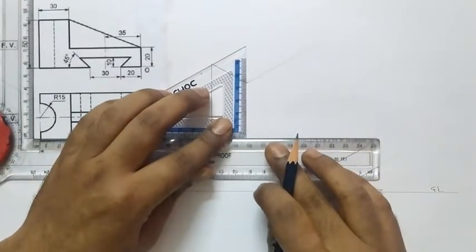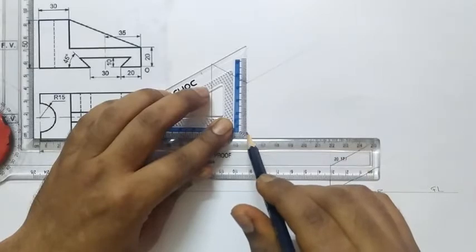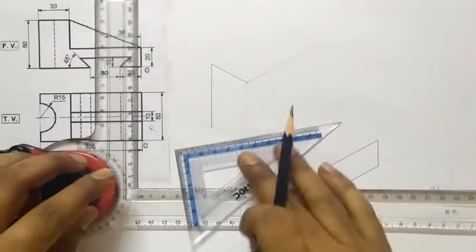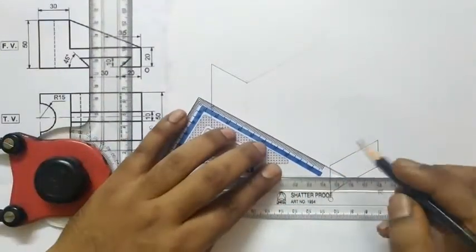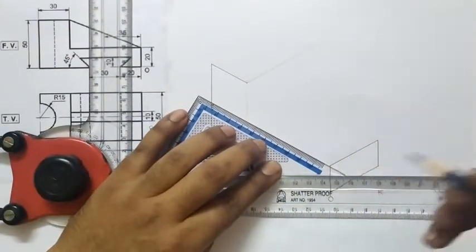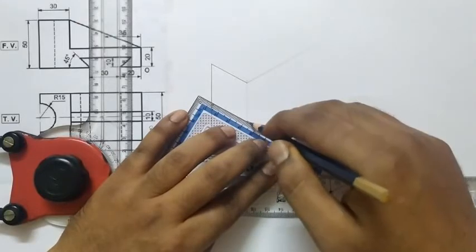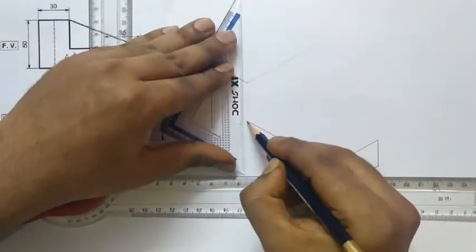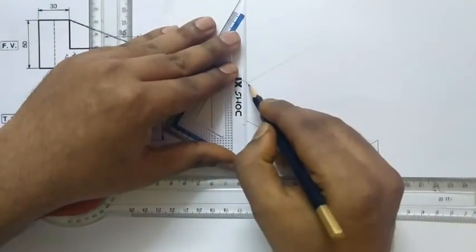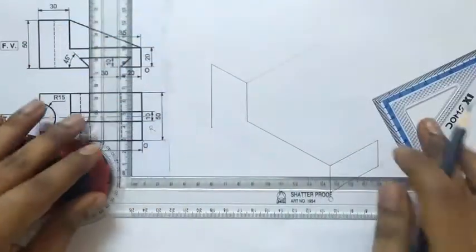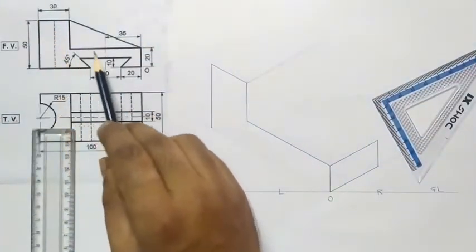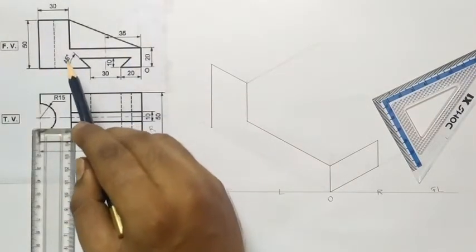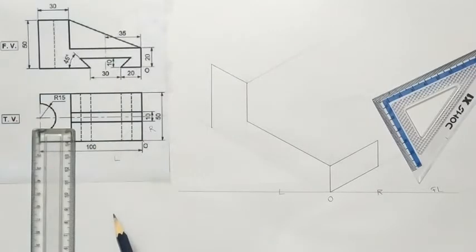Now next one, I have to draw one vertical line. Now I will join this, right? So this portion. Now here there is a 45-degree angle. Now I need to construct this here.